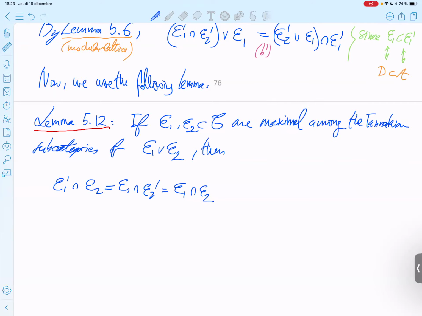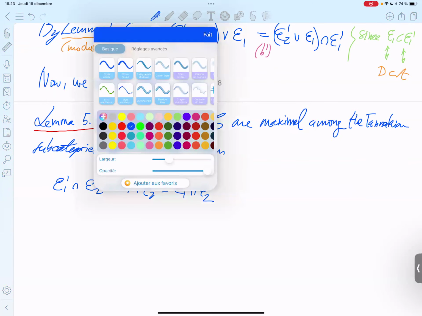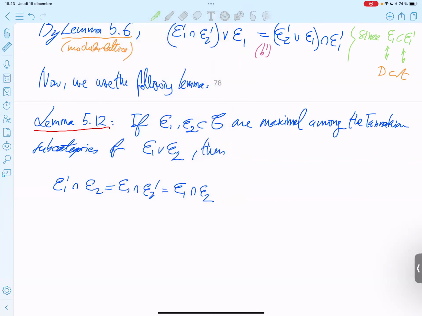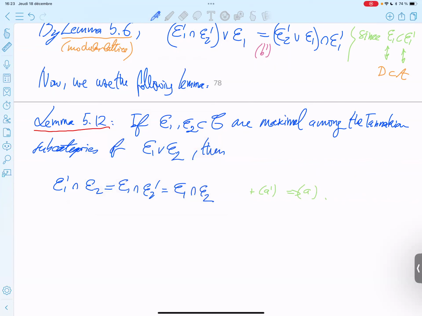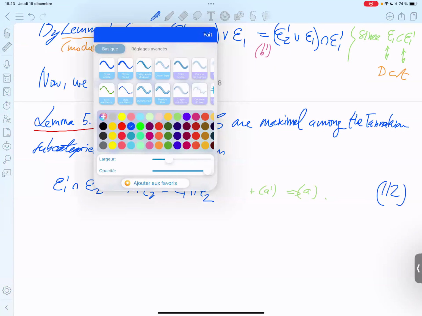And together, if you have that, wait, let me write, yeah. Together with A prime, you get A. I will show you. So this is identity 112, and the other identity.